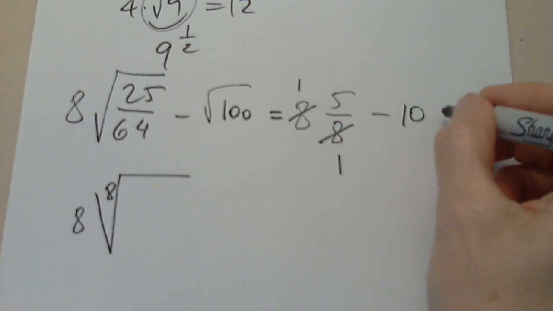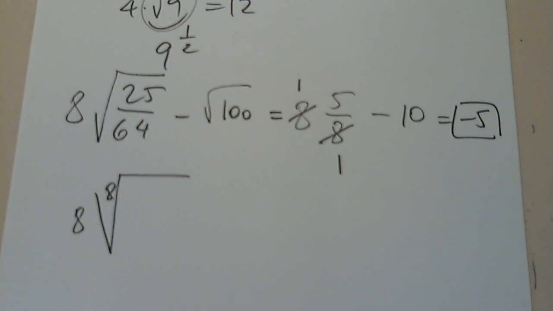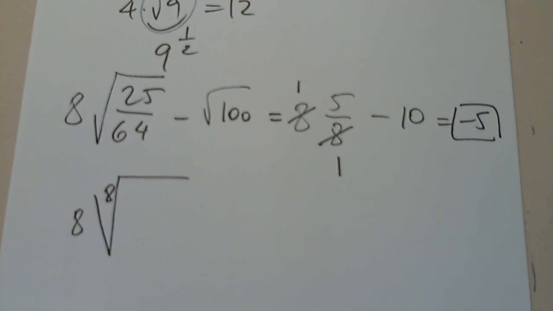So 5 minus 10 is -5. Yes, you're right. So the cube root should be, it looks weird, but it is in front. So they should write it totally differently. So the answer is -5. And we move on.